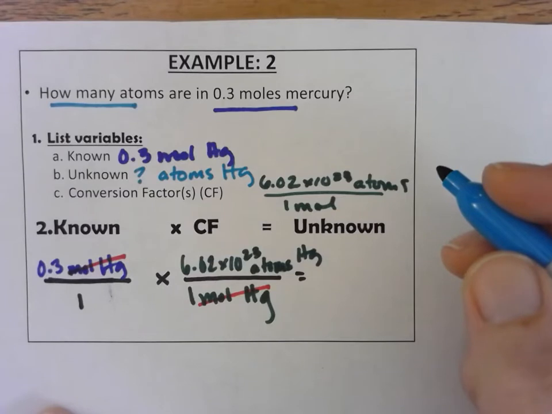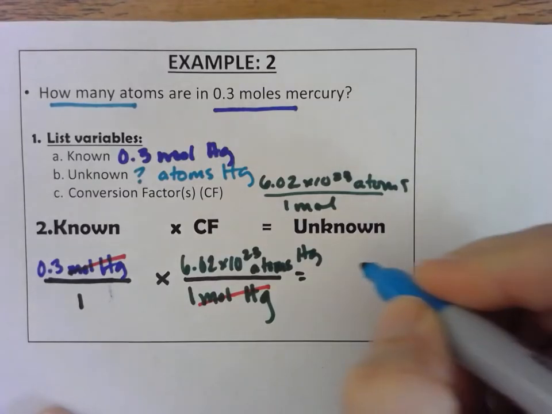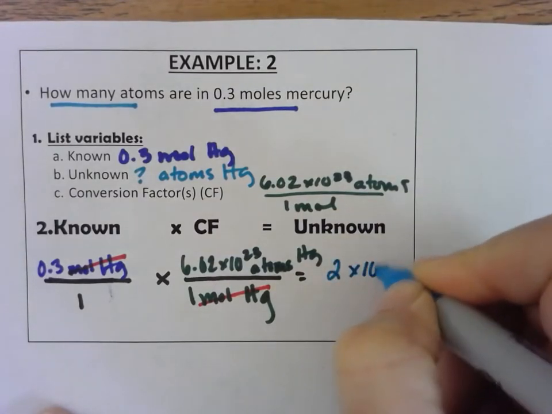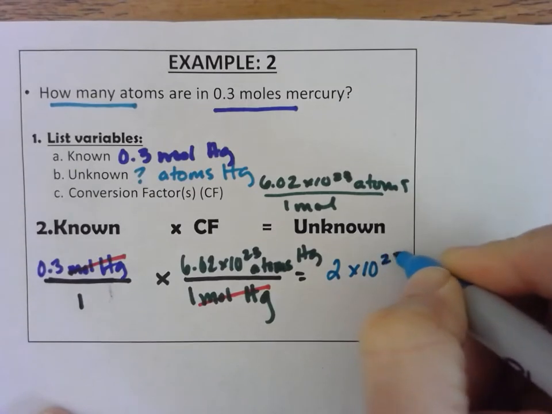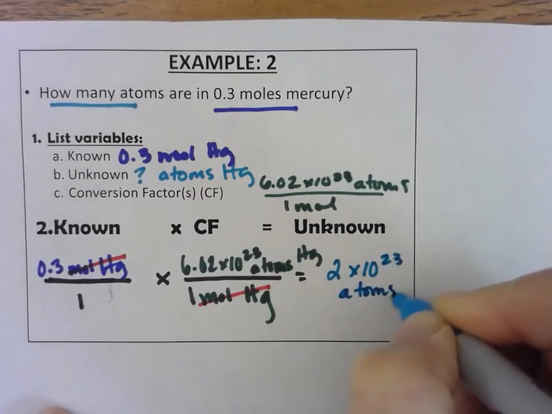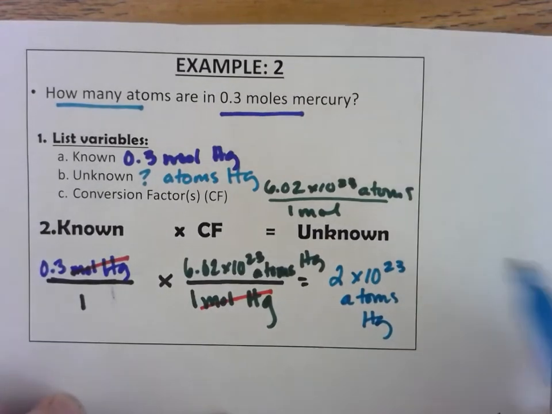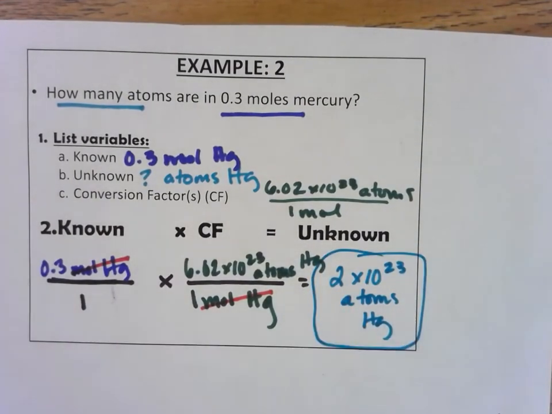I have 1.8 in my calculator, so 2 times 10 to the 23rd atoms mercury is my answer. I just converted using Avogadro's number between moles and atoms.